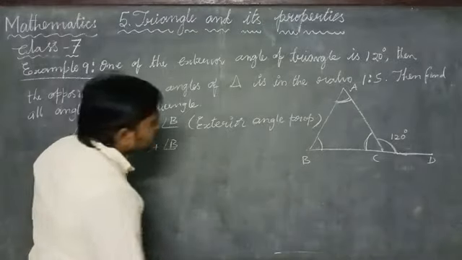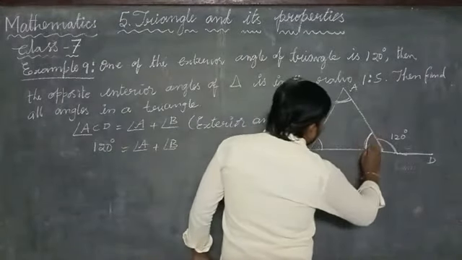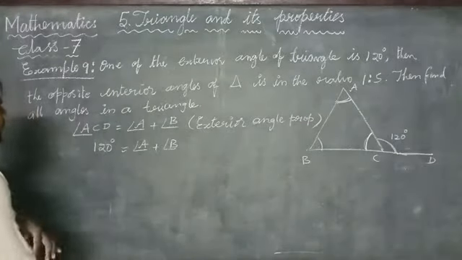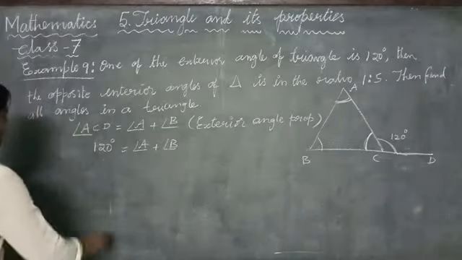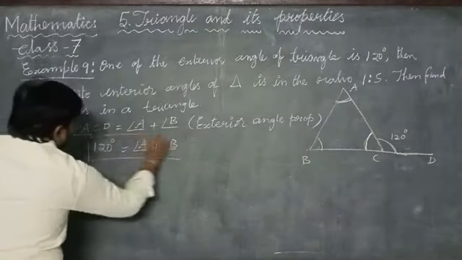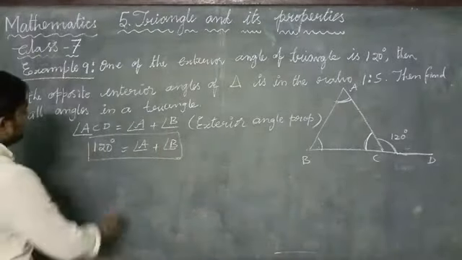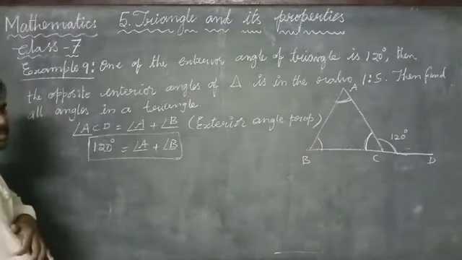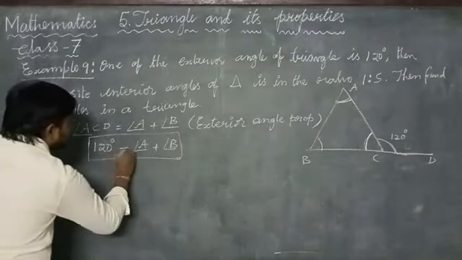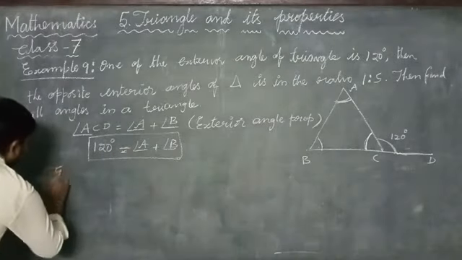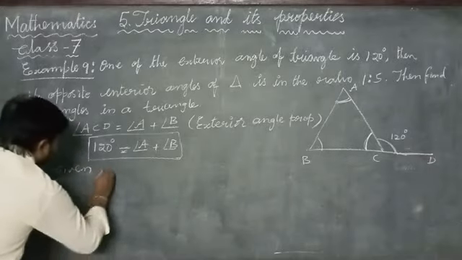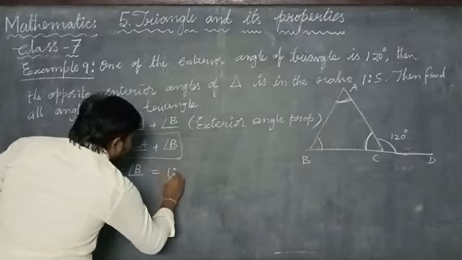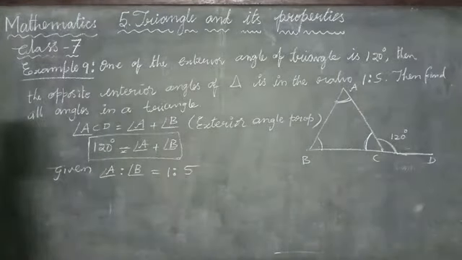Okay, now let us see, this is the given condition, and we have to find the value of A and B by using the ratio. They have given angle A is to angle B equals 1:5.